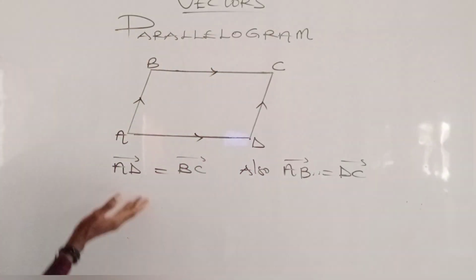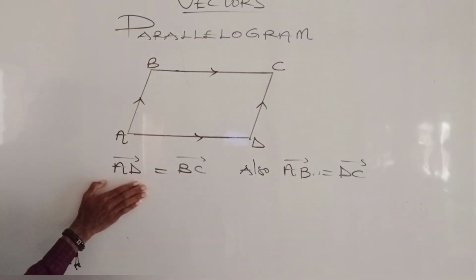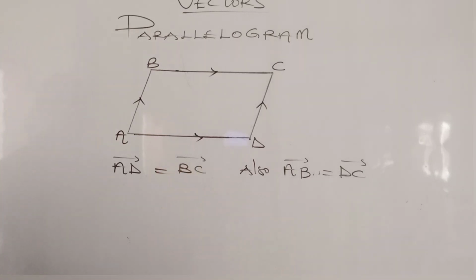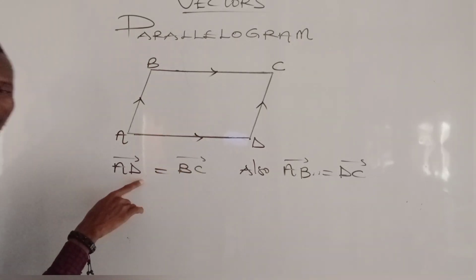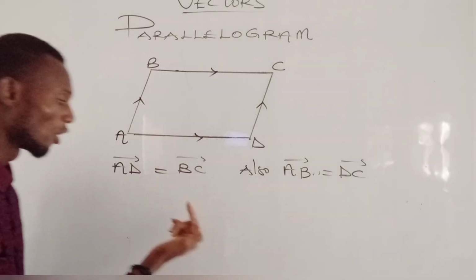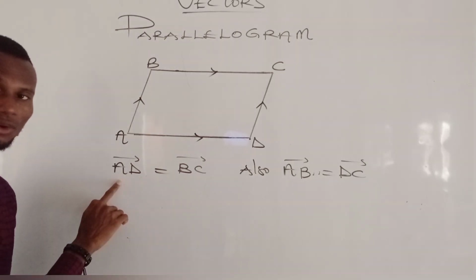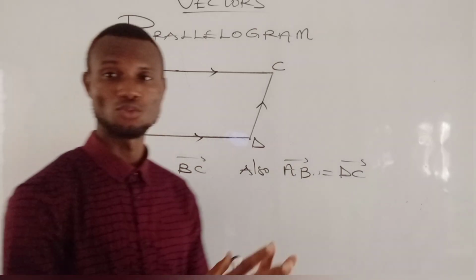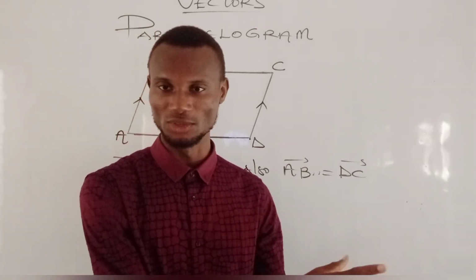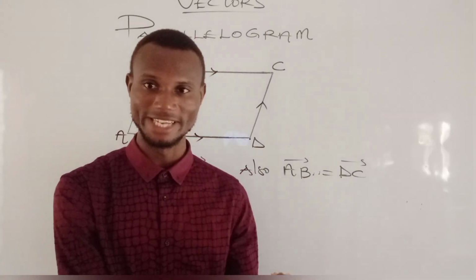Okay, how do I get my vector AD? I've explained to you that it's always the position vector of the last letter minus the position vector of the first letter. This we've treated in detail in the previous videos, so we are just applying that knowledge here.